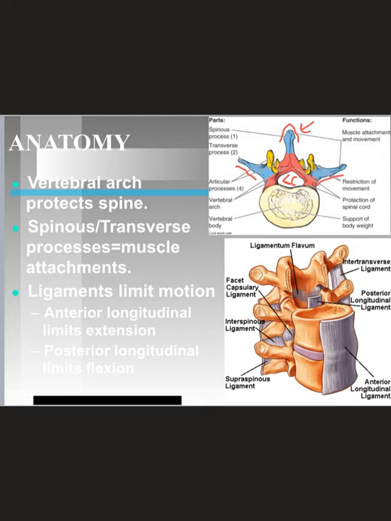And some of those muscles include, but are not limited to, your erector spinae muscle group, your serratus posterior, your quadratus lumborum, your multifidi, none of which you actually need to memorize right now, but you need to understand that these sites are huge sites for attachments of the muscles of the spine. And as such, when you have a strain of a muscle, sometimes they're going to complain of pain on the lateral side of the spine, or even more directly on that posterior spinous process.